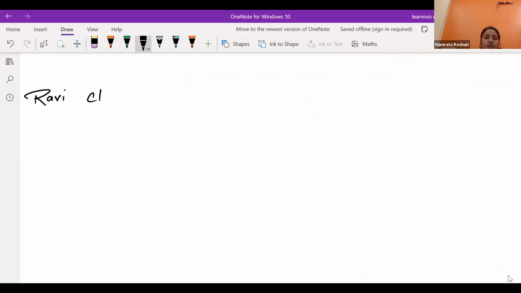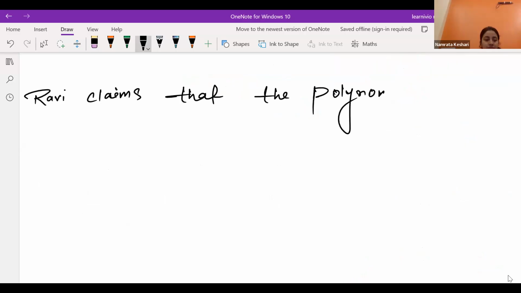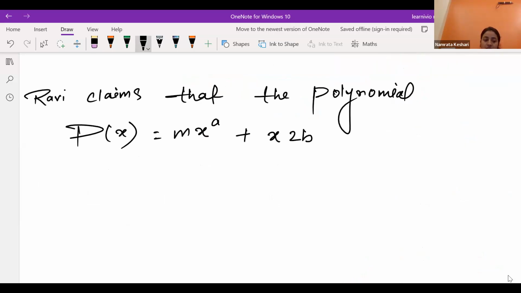Ravi claims that the polynomial p(x), which is mx to the power a plus x to the power b, like this, sorry, before 2b there's a plus, x plus 2b, has 4 zeros.